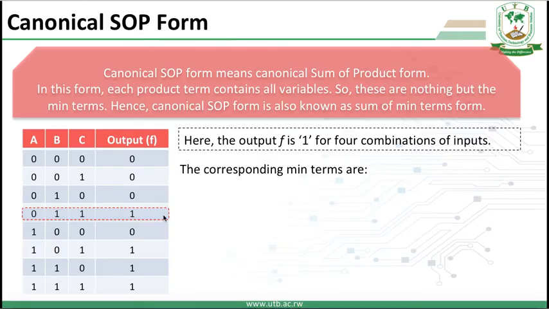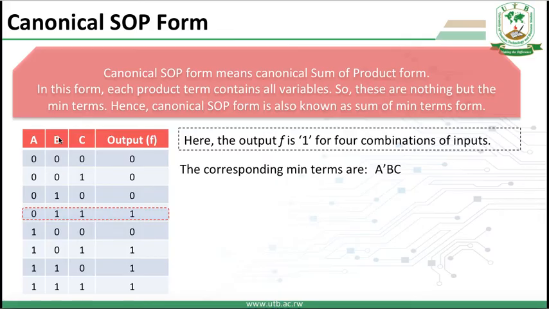So we have 1, so this is a 1. What could be the min term for this combination? This would be the Boolean equation here. So we can say A complement B and C. Why? Because, as I explained in the previous video, when we talk about the min term, meaning SOP, if the Boolean variable is 0, it is considered as a complement, prime.